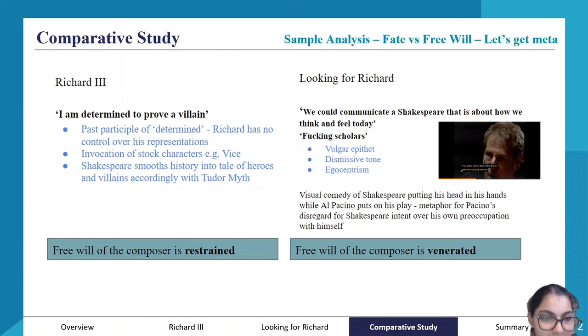He goes to Pacino, you know more about Richard III than any effing scholar. And that's Kimball kind of being Pacino's Buckingham and saying, you know more than anyone else. You know more than any scholar who's read the play, who's a critic, who's studied the play in more detail than you have. So that shows you how the free will of the composer is venerated, how Pacino and his cronies take control of the play there.